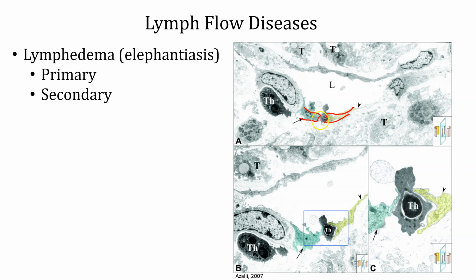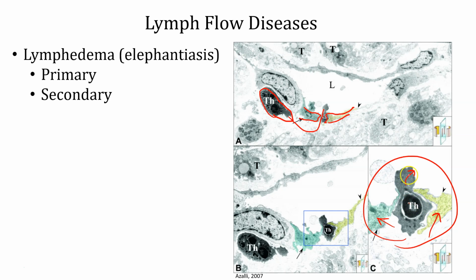But a caveat of this opening is that it's also big enough to allow cancer cells to get through, thereby allowing cancer to spread rapidly through regions of the lymphatic vasculature. This is a picture showing a cancerous tumor that has metastasized, or broken off and spread. They're enlarging this to show you that it's made its way through the two endothelial cells of this lymphatic vessel and then into the lymph.